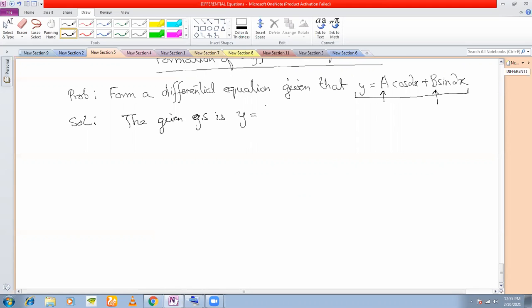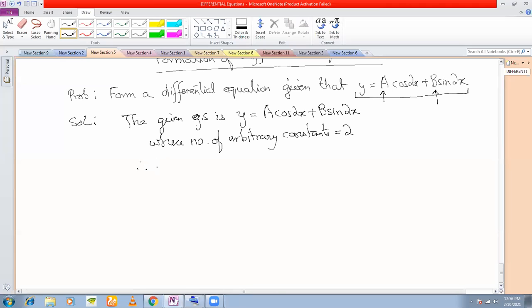So the given general solution is y is equal to a cos 2x plus b sin 2x, where the number of arbitrary constants is equal to 2, right? A and b are arbitrary constants.